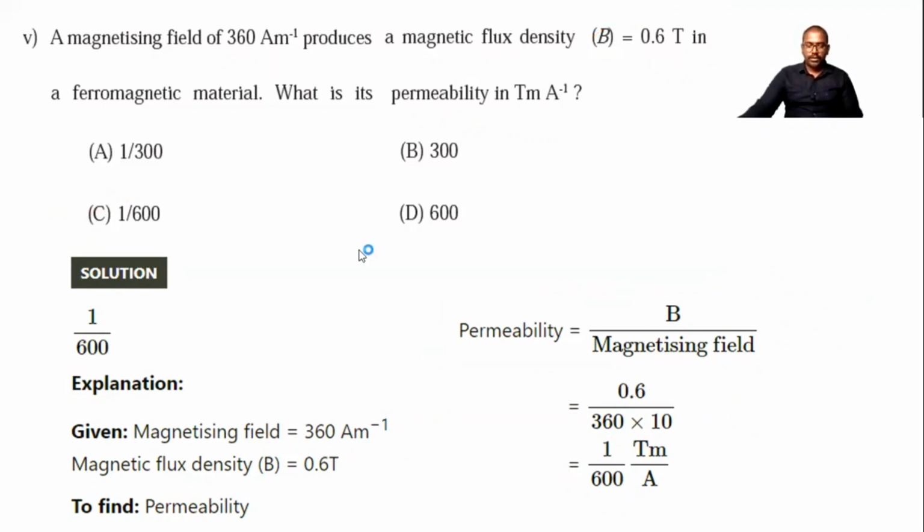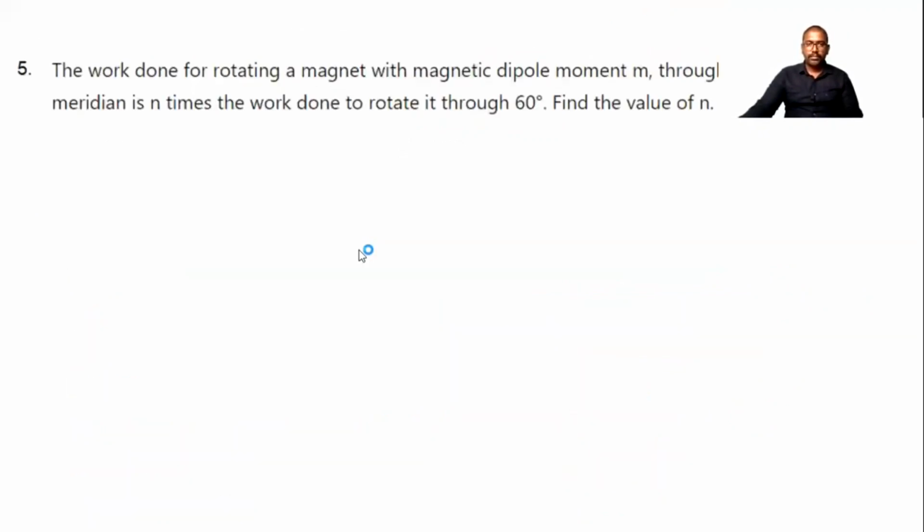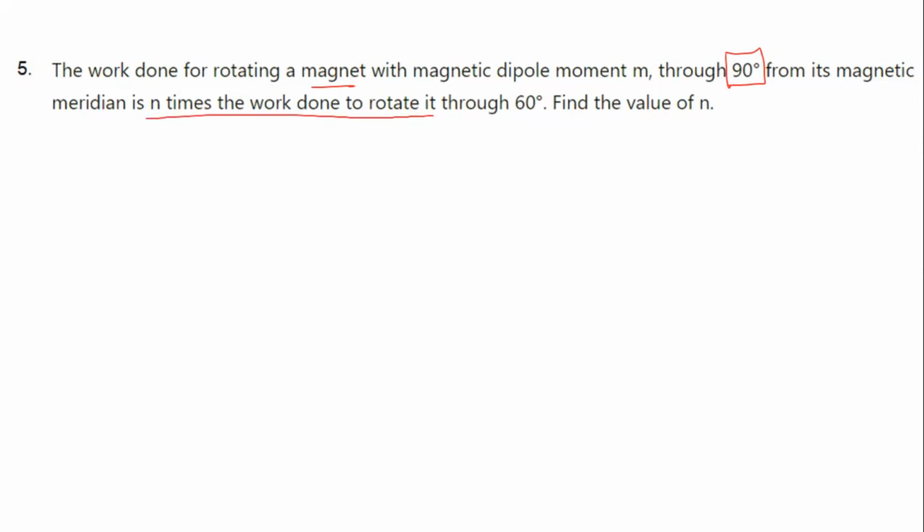Now next question. The work done for rotating a magnet with magnetic dipole moment through 90 degrees from its magnetic meridian is n times the work done in rotating it through 60 degrees.